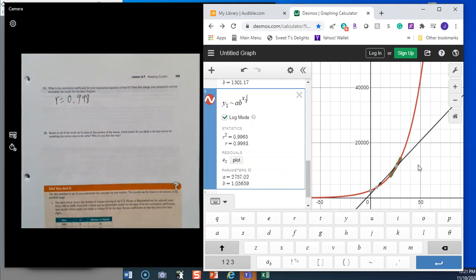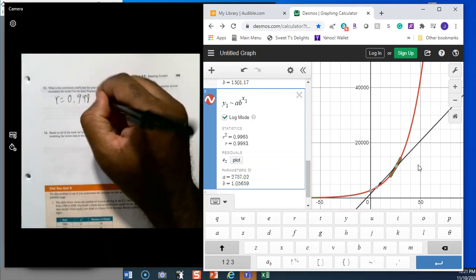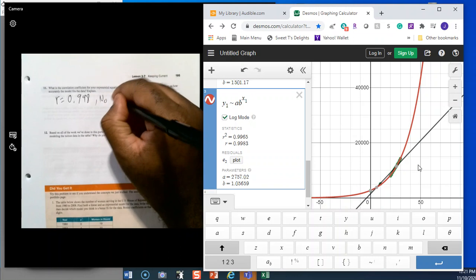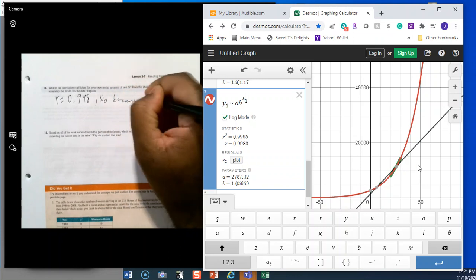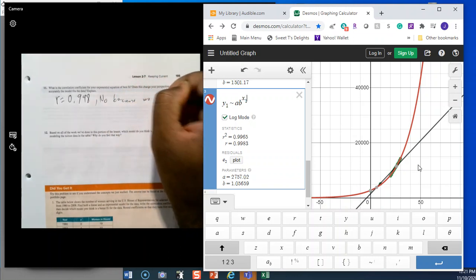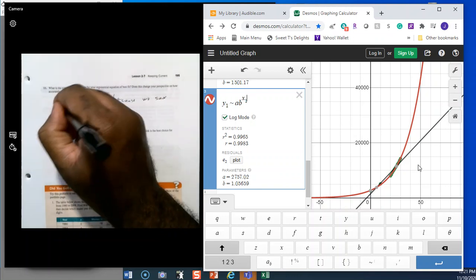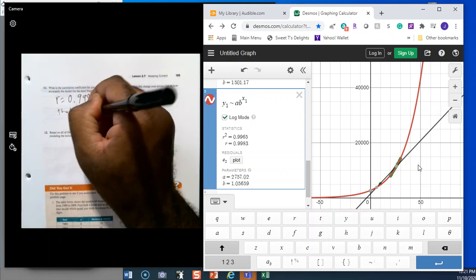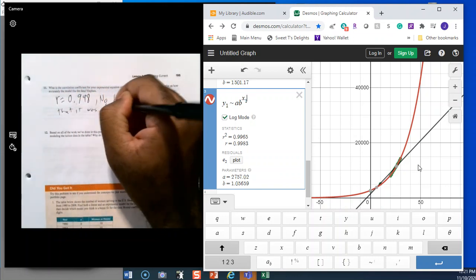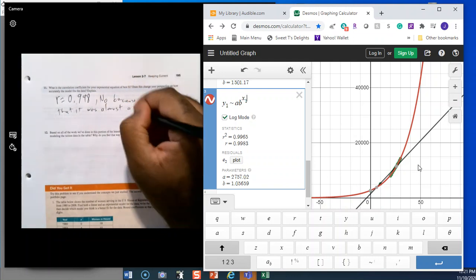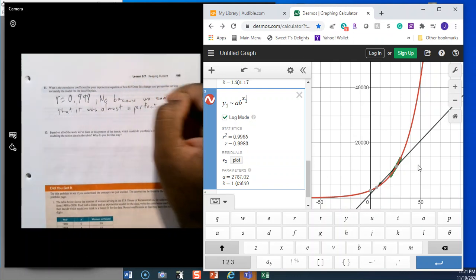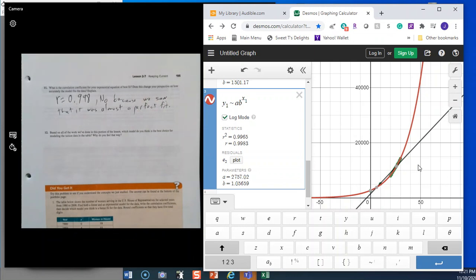Does this change your perspective on how accurately the model fits the data? And I would say no, because we saw that it was almost a perfect fit. 0.998 is almost a perfect fit. A perfect fit will either be +1 or -1.